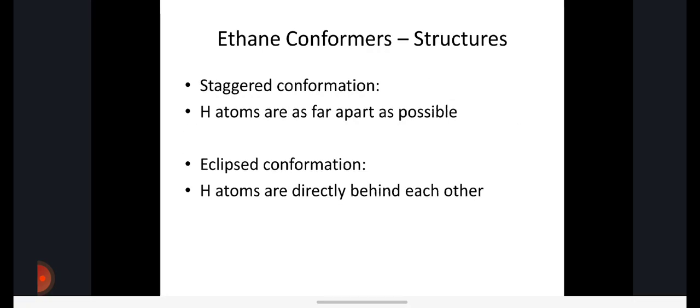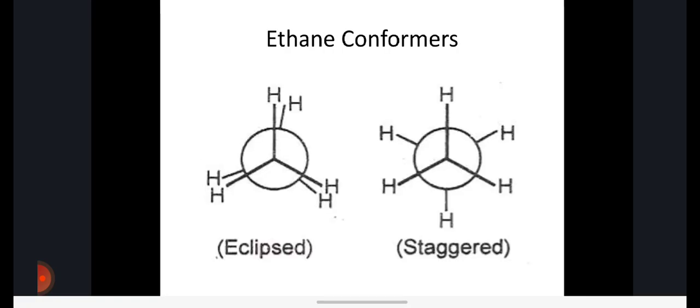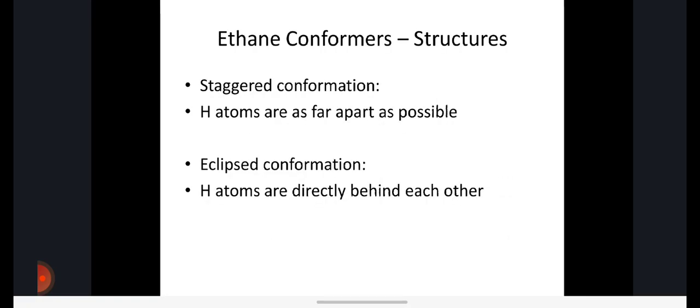This twist may bring about what we call staggered conformation and eclipse conformation. Staggered conformation has the hydrogen atoms far from each other, whereas in eclipse conformation, hydrogen atoms are very close to each other, or just directly behind each other.